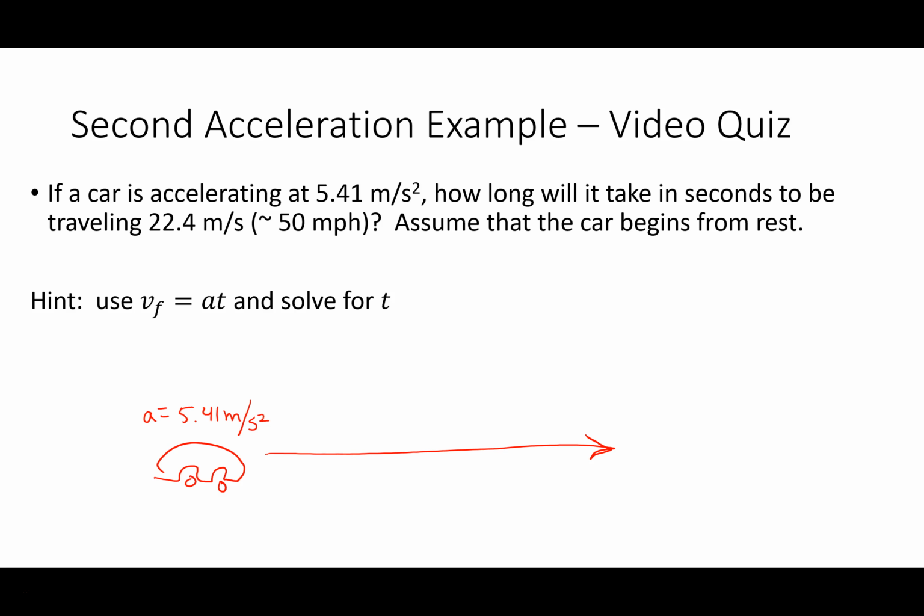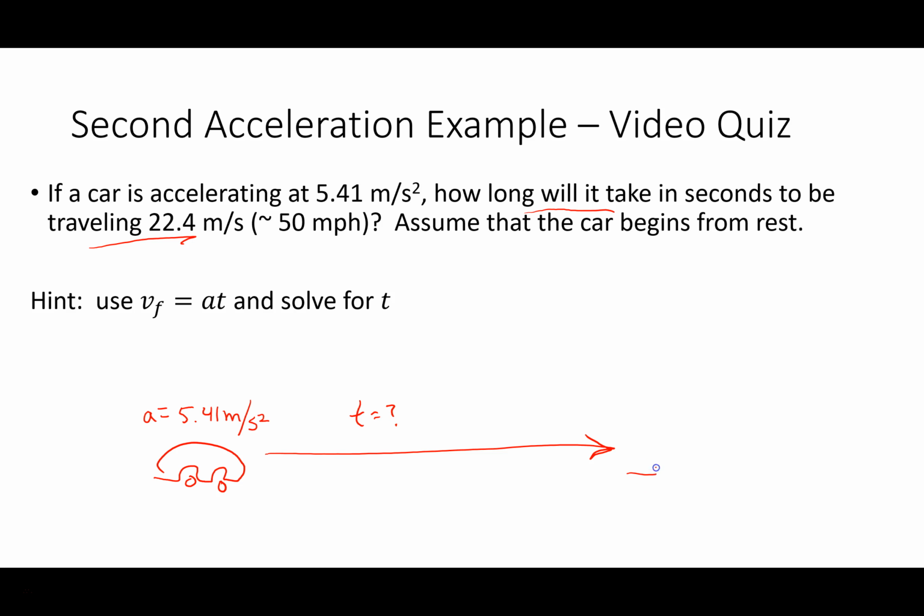This is like you keep pushing down the accelerator, going faster, faster, faster. All right. So how long will it take, t is equal to question mark, to be traveling a new velocity, assuming it begins from rest.